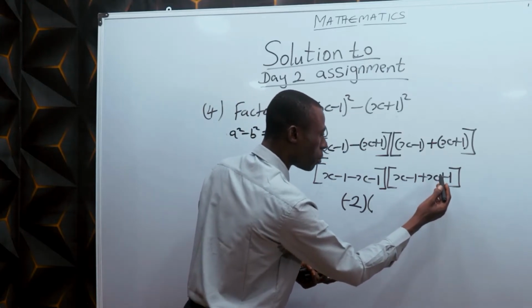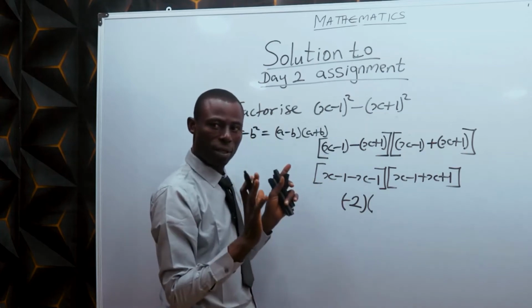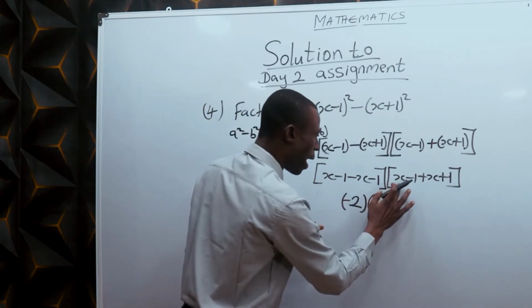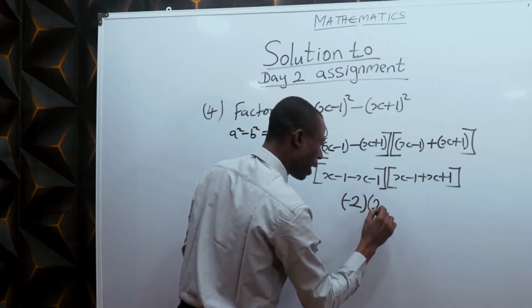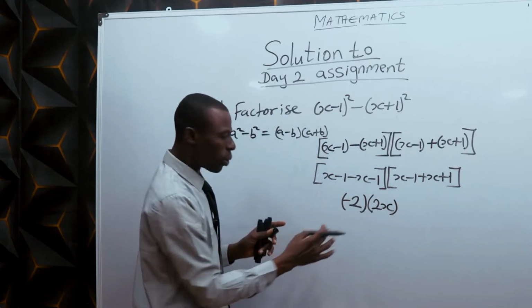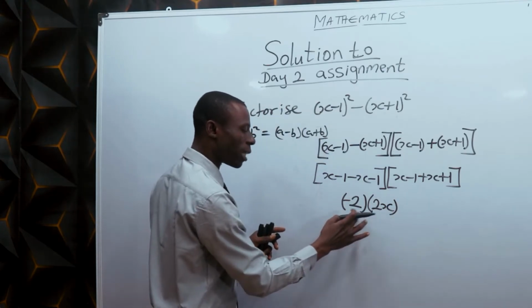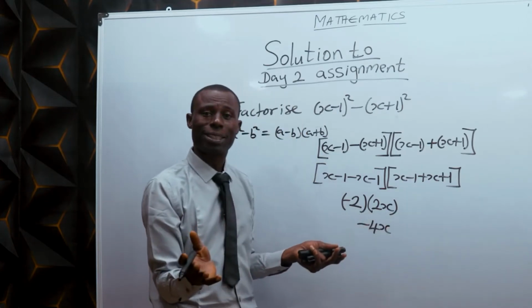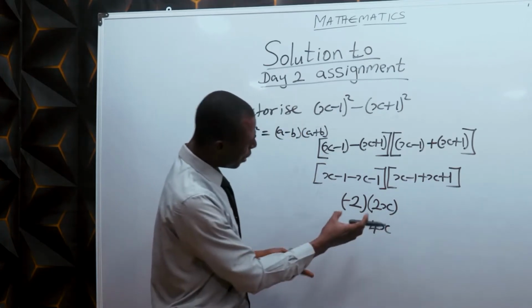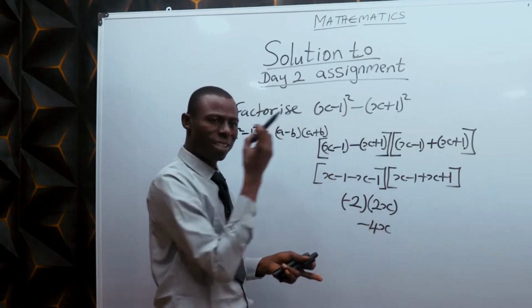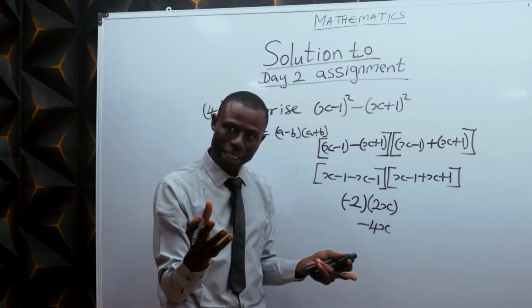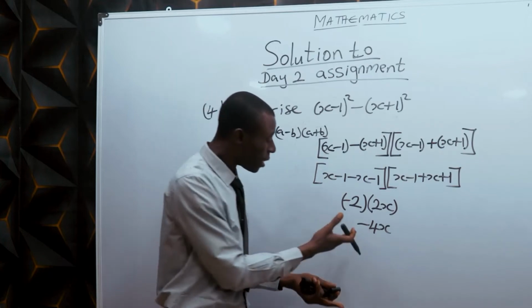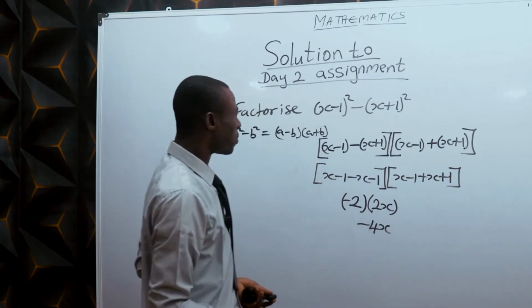Negative 1 plus 1 gives 0. x plus x, that is 2x. Multiply the two of them together. Negative 2 times 2x is negative 4x. And that is the end of it. You can see it is as simple. See the result, see the question. The question looks scary at the beginning, but the process is simple, the result is simple. That is mathematics for you.